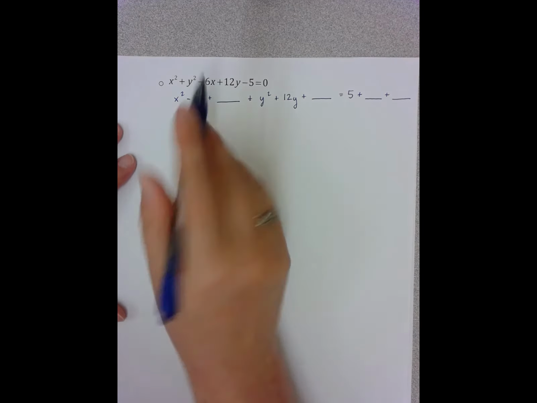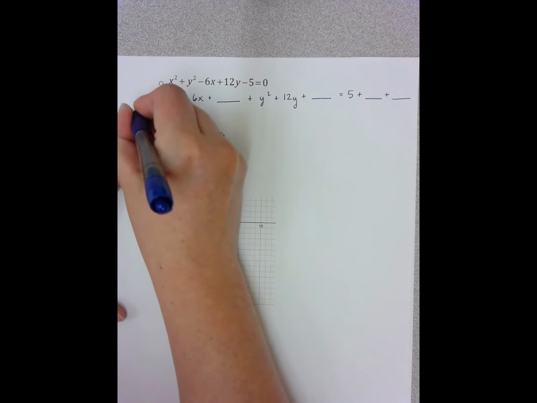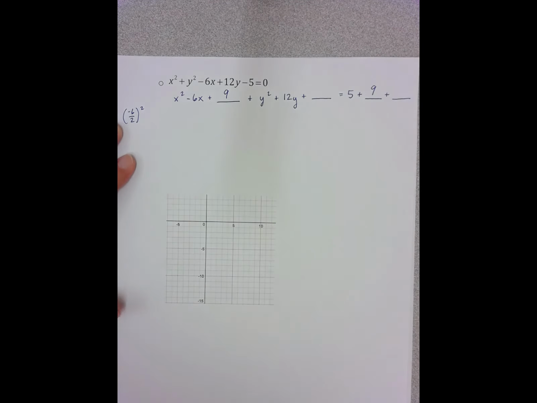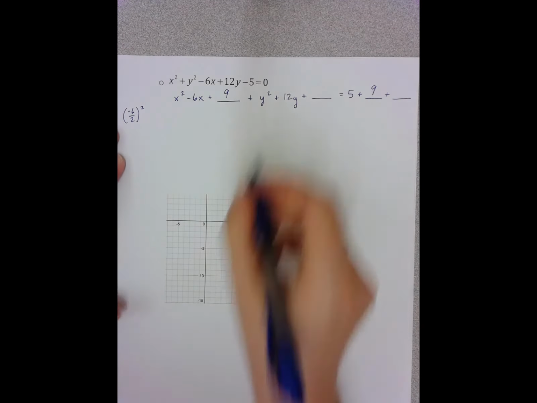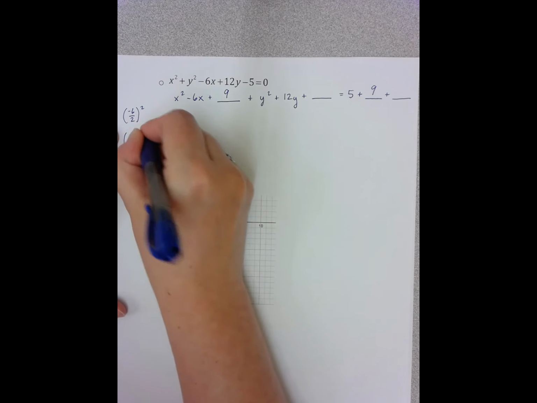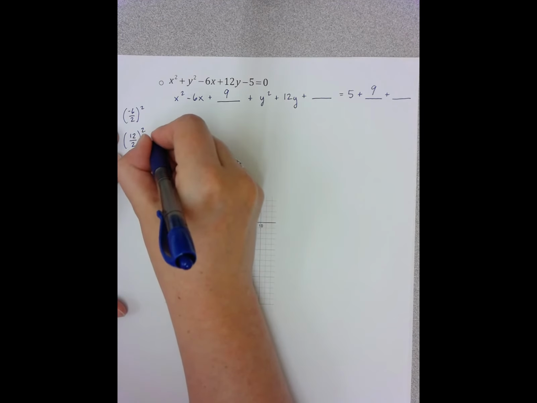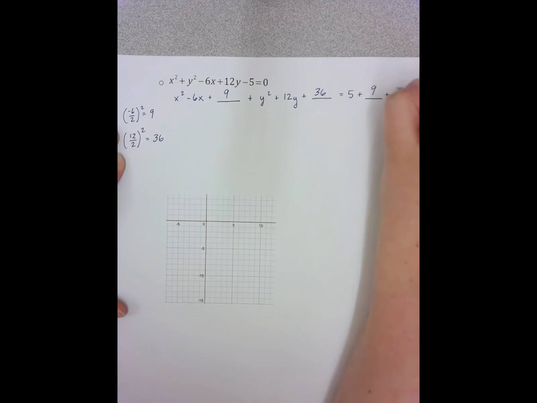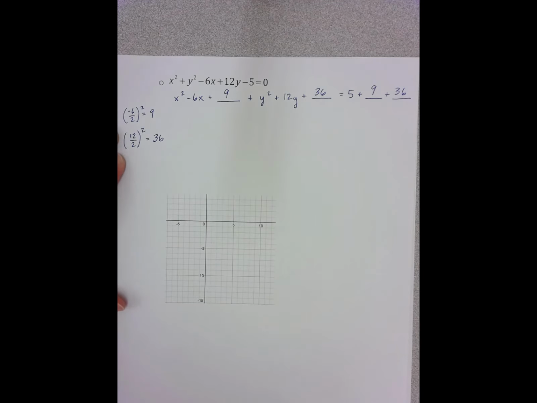So completing the square, I take my -6 divided by 2 and square it, which means I add 9, and I do that to both sides of the equation. For my y's, I take my b, which is 12, divided by 2 and square it, which is 36. I add 36 to both sides of the equation.